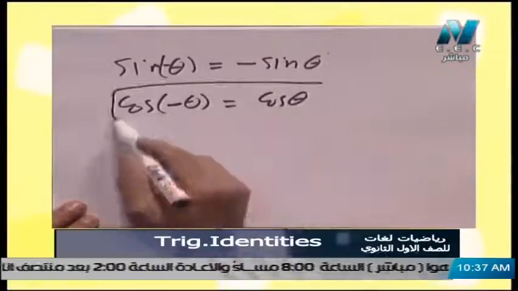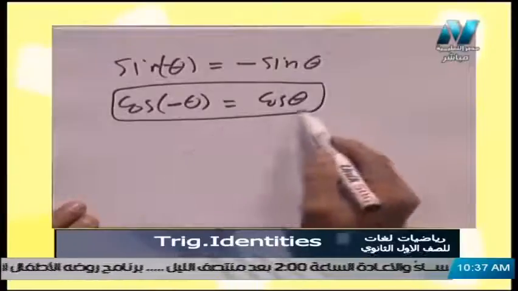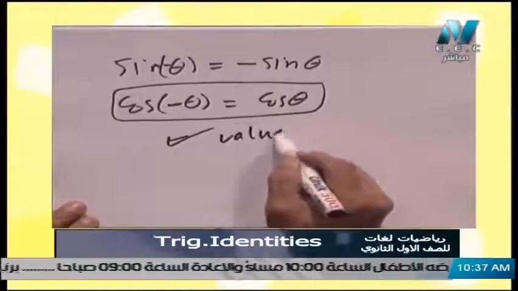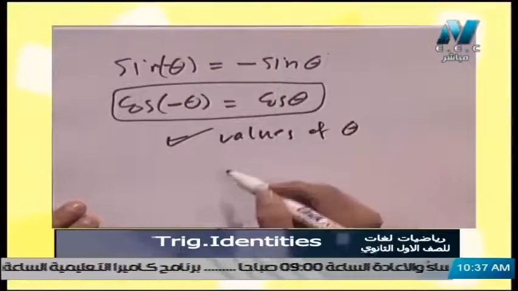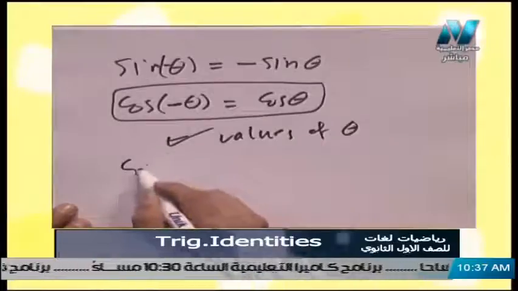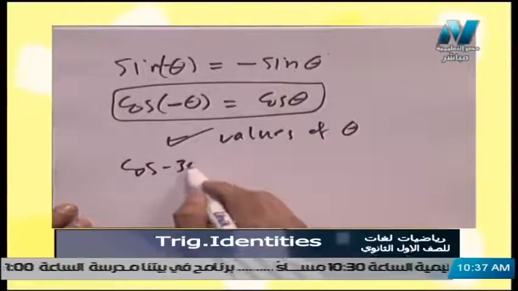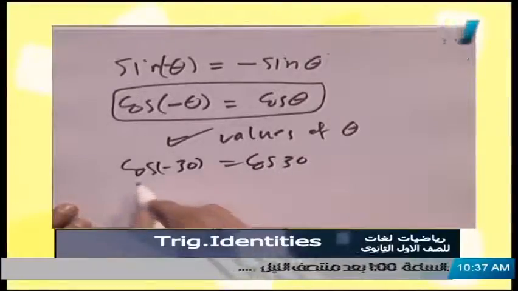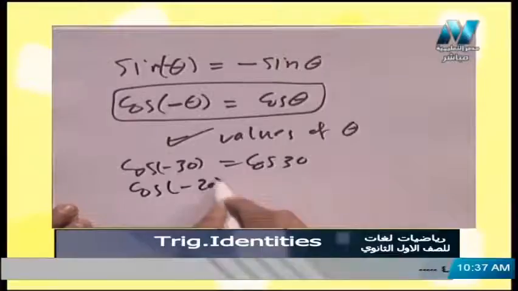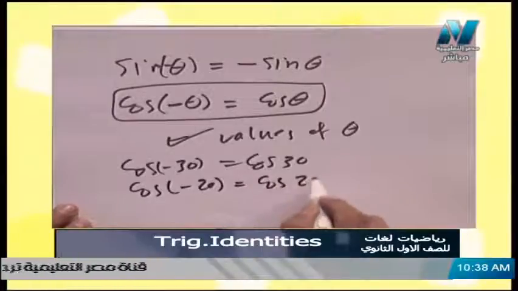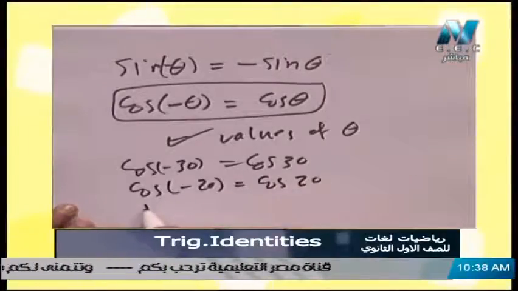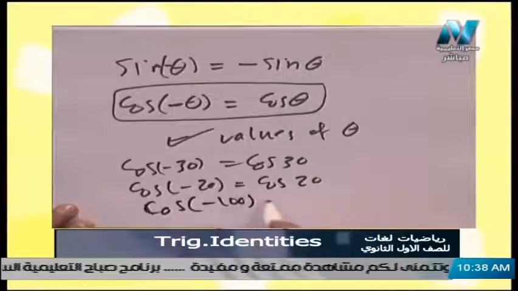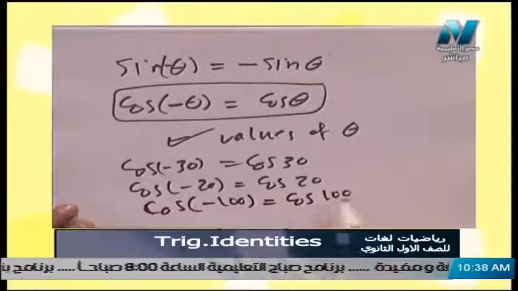So we know that cosine negative theta equals cosine theta for all values of theta. That means that cosine negative 30 equals cosine 30, cosine negative 20 equals cosine 20, cosine negative 100 equals cosine 100.